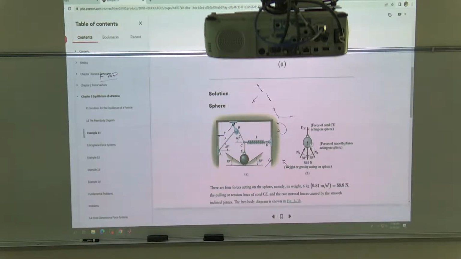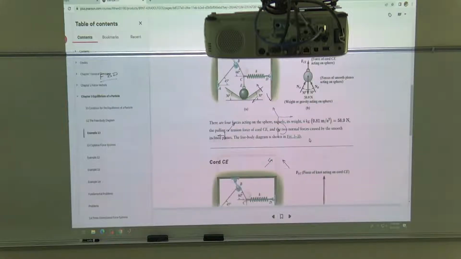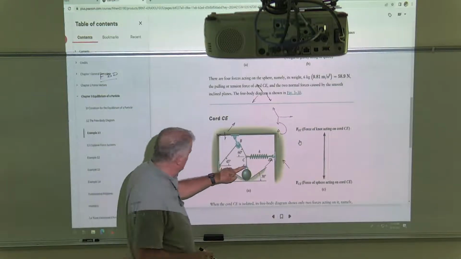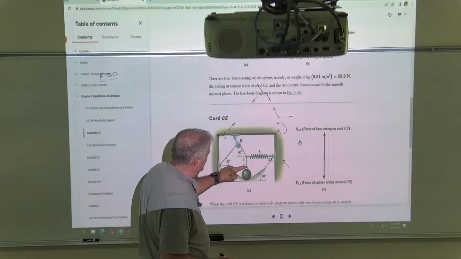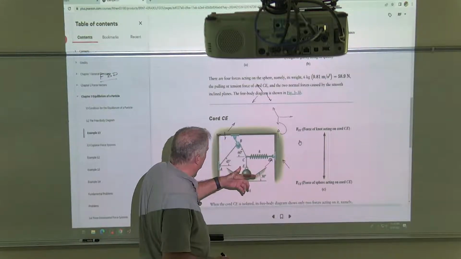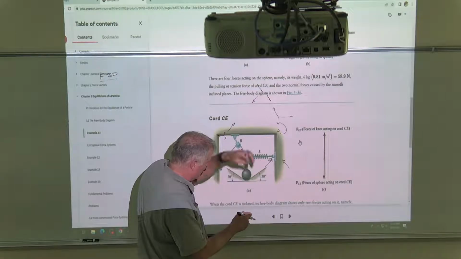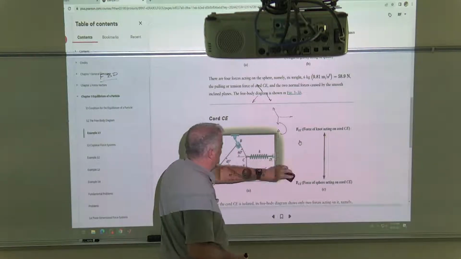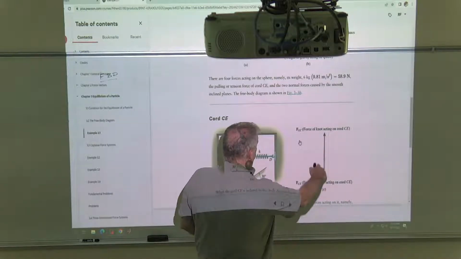He looked at the ball, whatever that ball is. And then he looked at the cord being the one between here and here. It's kind of like, okay, I know the cords, you pull one end, you're going to pull the other. Sometimes people don't consider that a free body diagram.